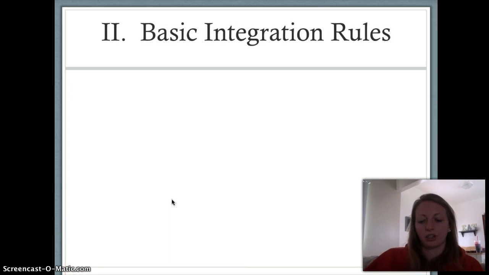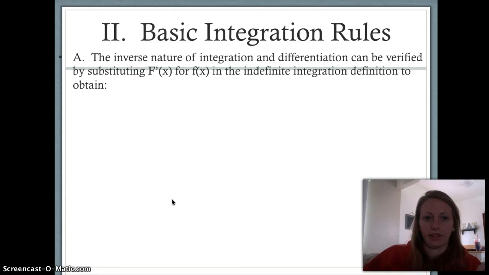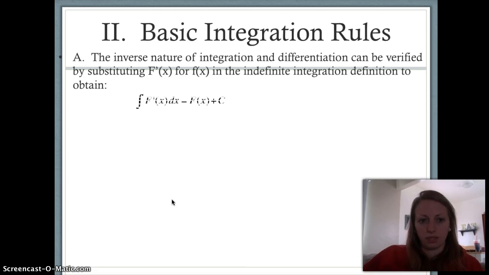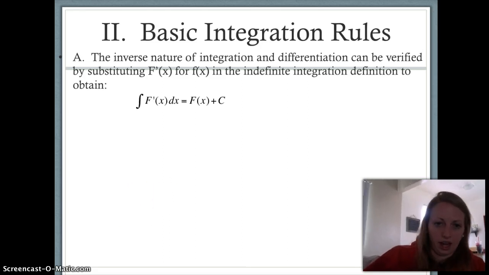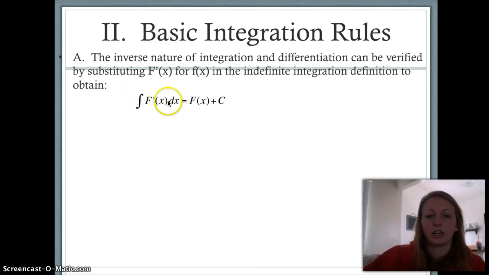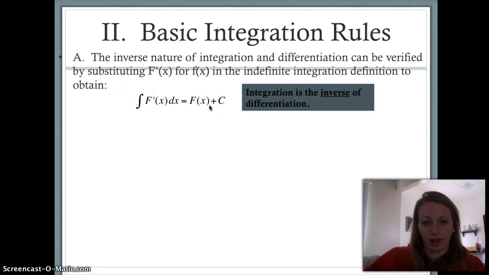Okay, basic integration rules. You will need to know these. A, the inverse nature of integration and differentiation can be verified by substituting f prime of x for f of x in the indefinite integration definition. This is just saying that integrating f prime of x gives you f of x.